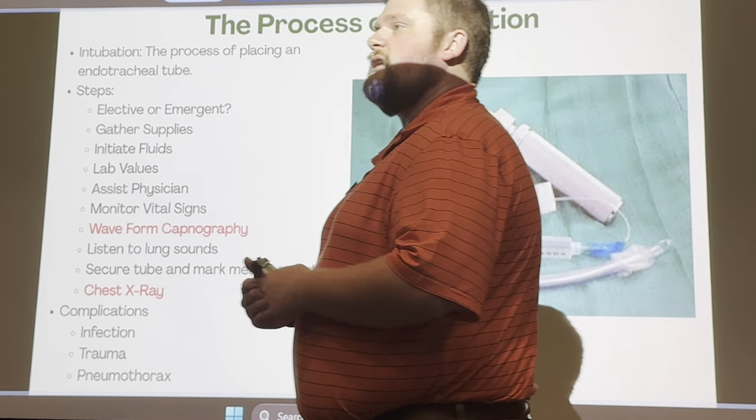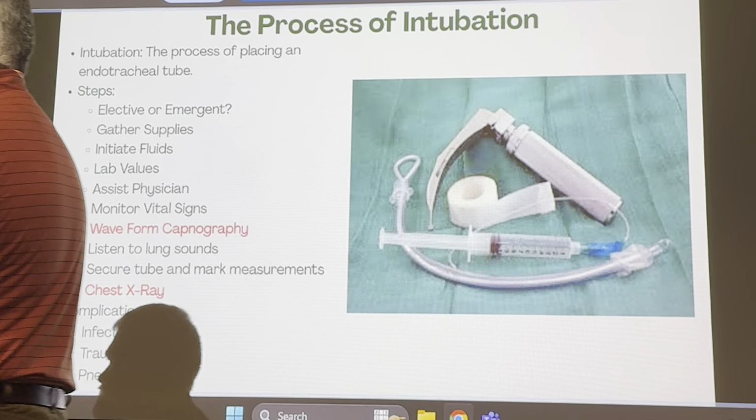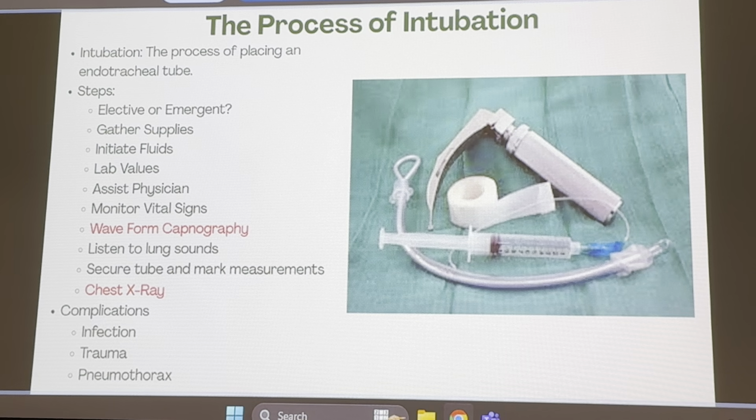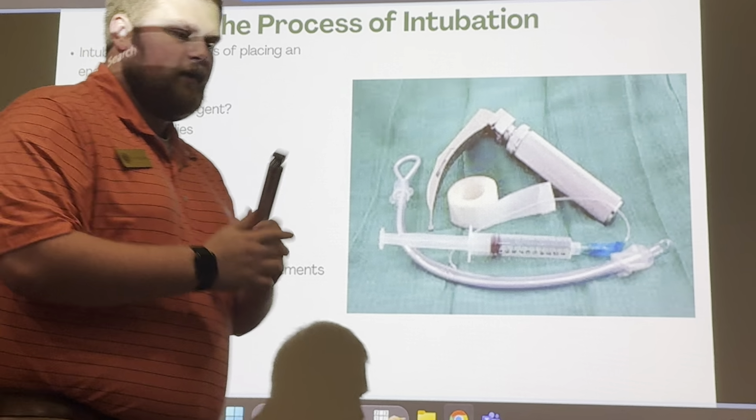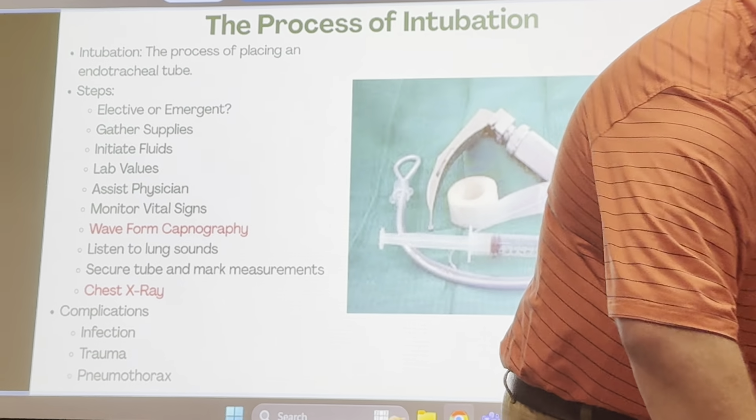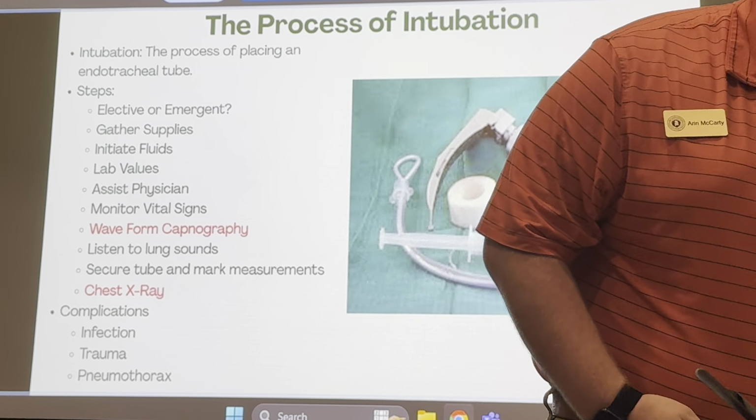We also have a handle and blades that the physician is going to use to open up and tilt that head back so he can get a good visual of that airway and where he wants to place that endotracheal tube. So we will grab some of these things. We'll grab the handles. There's a couple different kinds.